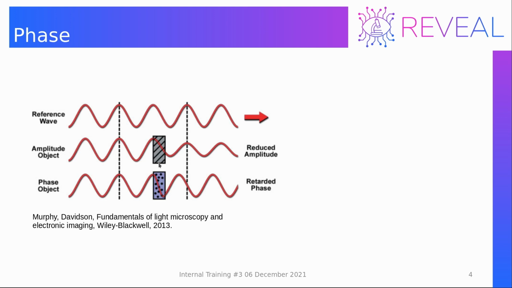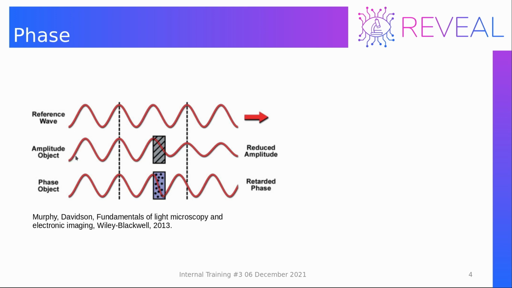So there are two types of samples that we can measure with optical devices. One type of object is amplitude objects, the other one is phase objects. So let's first analyze the reference wave. So this will be our electric component, our wave traveling in this direction, and it does not go through any object on its way.